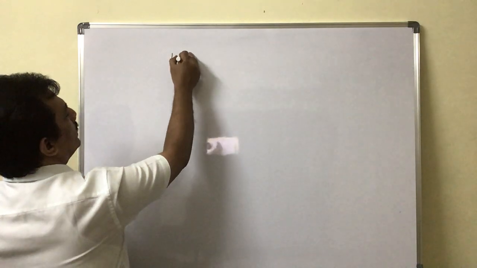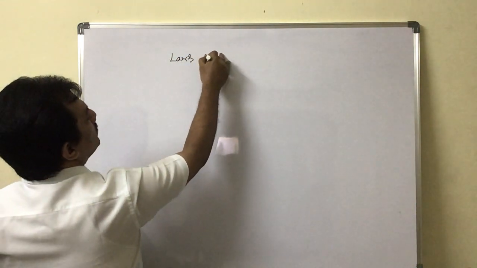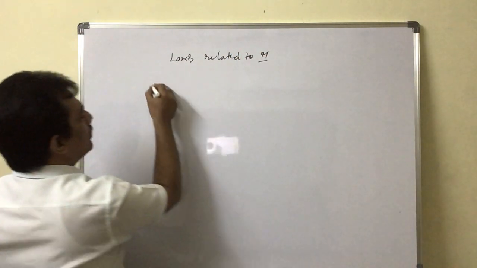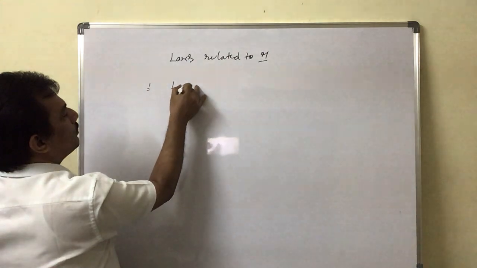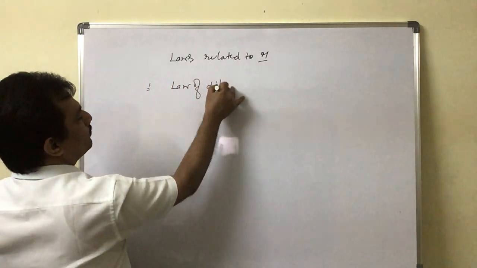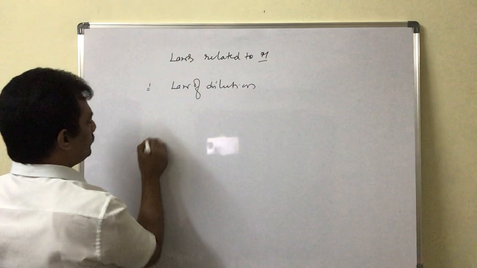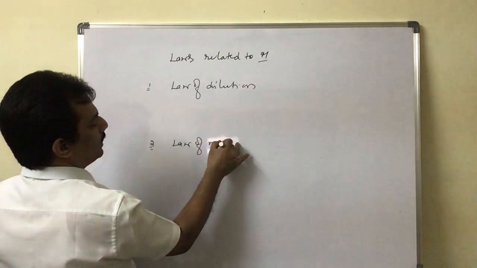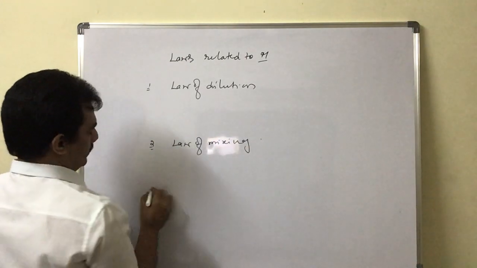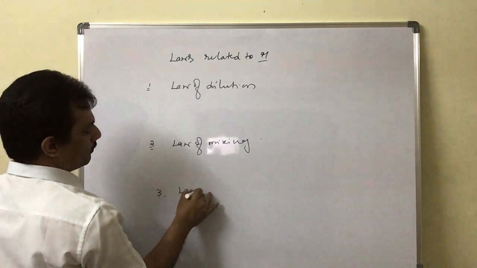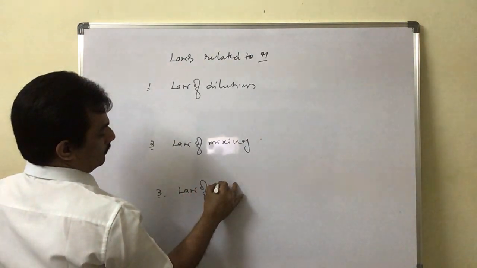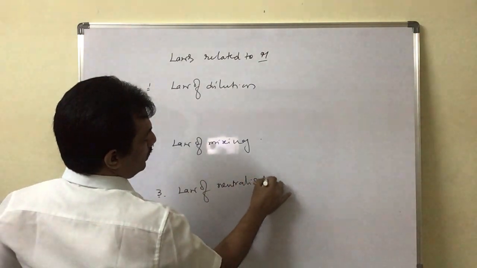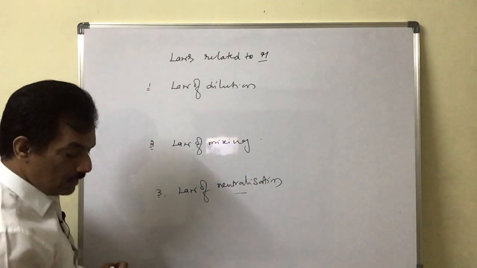The laws related to molarity are, first one is law of dilution, second one is law of mixing, third one is law of neutralization. These are the three laws related to molarity and normality.